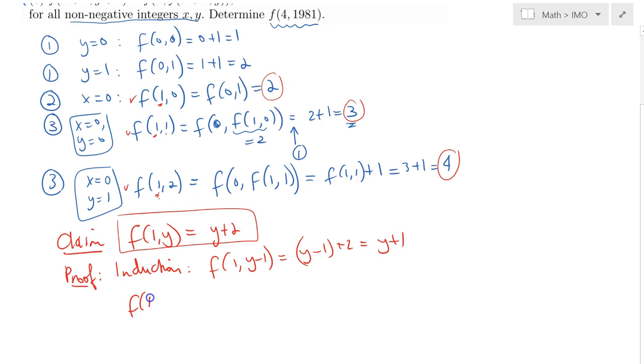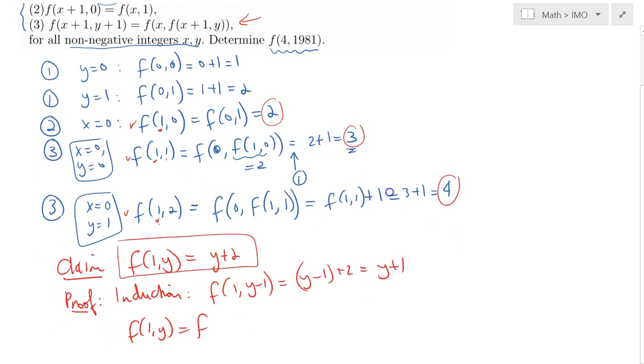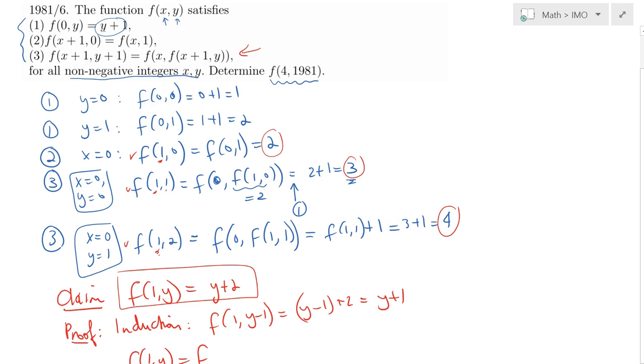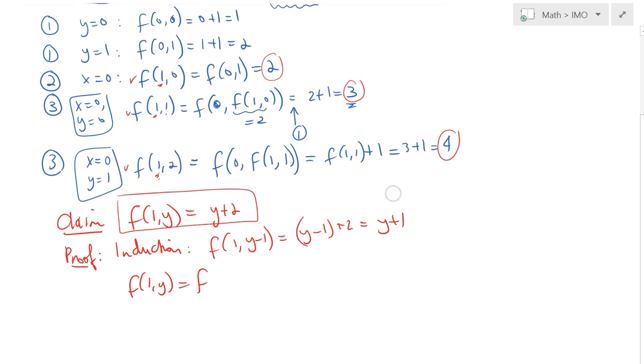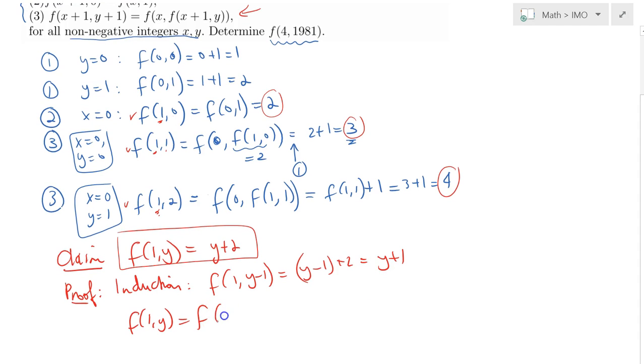So f of 1, y, using the third property here, substitute x with 0 and y with y minus 1: f of 0, f of 1, y minus 1.